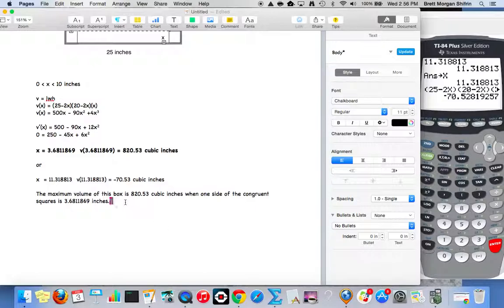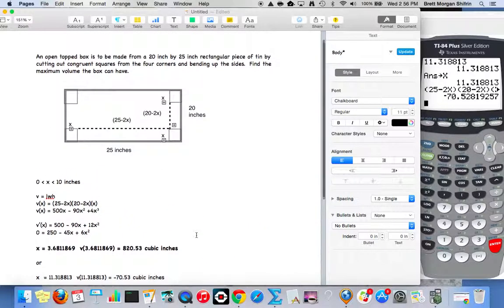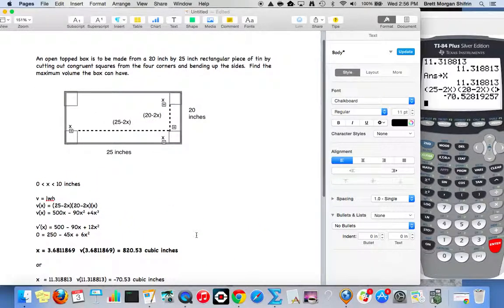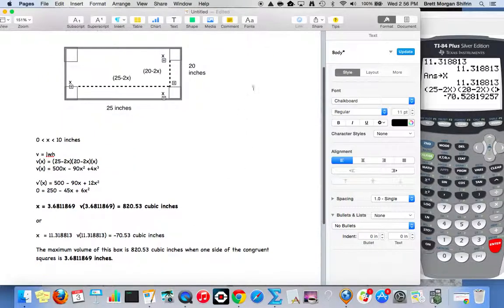And this really is what I was looking for as my answer. I hope that helps. With this diagram, we'll do a lot more and have some fun with it.